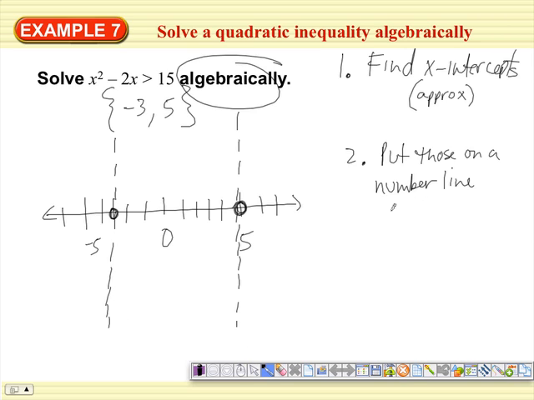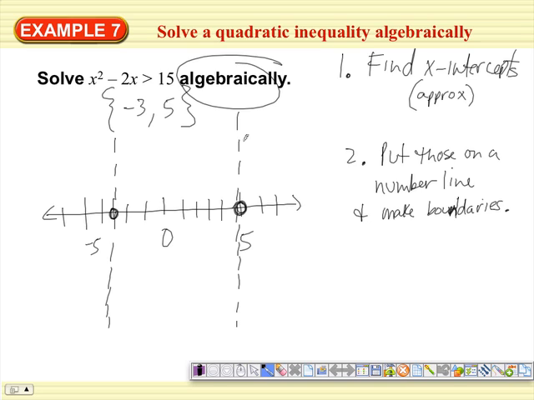Put those on a number line and make boundaries. Now, once we made the boundaries, what we've made is 3 regions. Region 1, Region 2, Region 3.